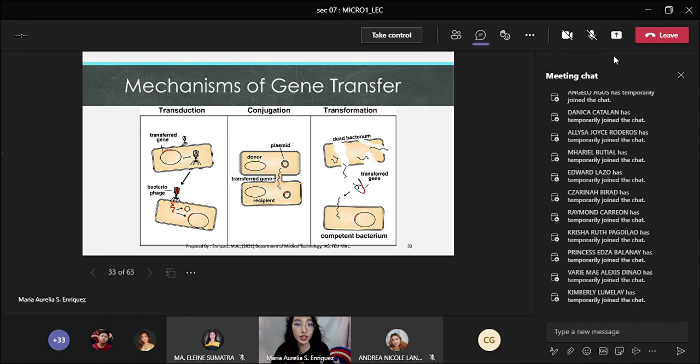Para naman po sa conjugation, a bacterial cell uses its conjugation pili to pass on its genetic material to another bacterial cell. And for transformation, a living, competent bacterial cell takes up the free genetic material that has been released by a dead bacterial cell.